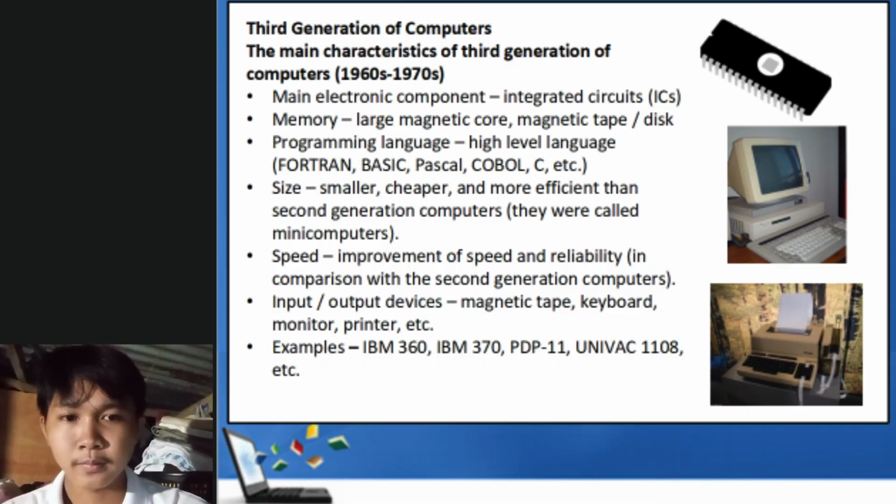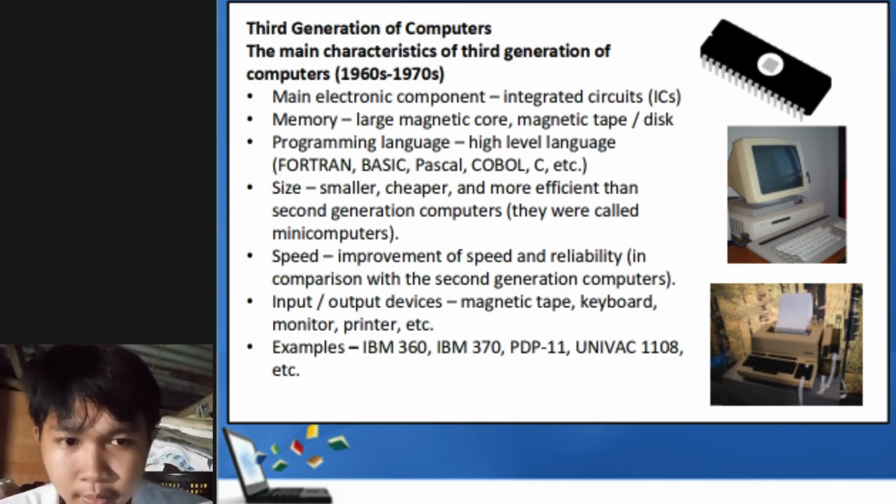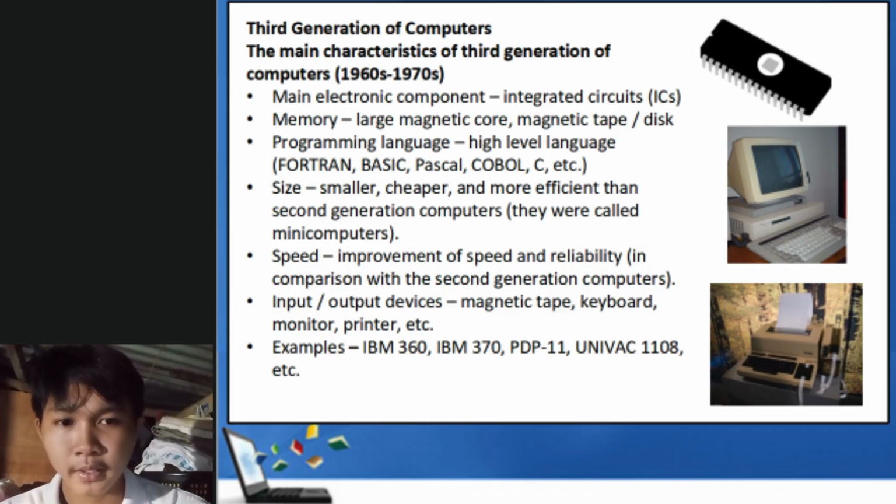They are called minicomputers. Speed: improvement of speed, reliability, and precision compared with the second generation of computers. Input and output devices: magnetic tape, keyboard, monitor, printer, and etc. Examples: IBM 360, IBM 370, and PDP 11, Univac 1108.